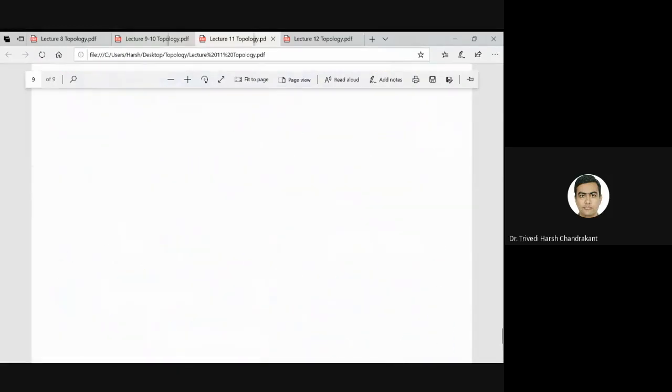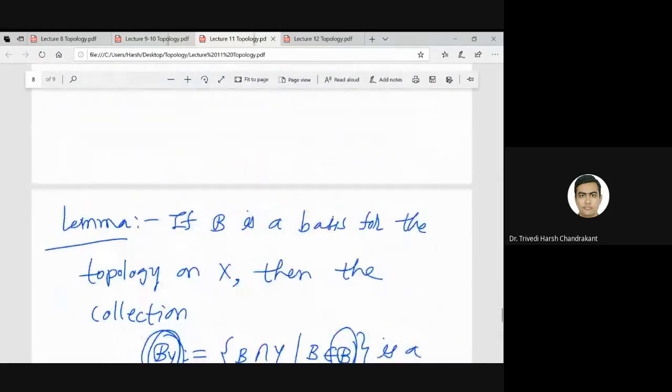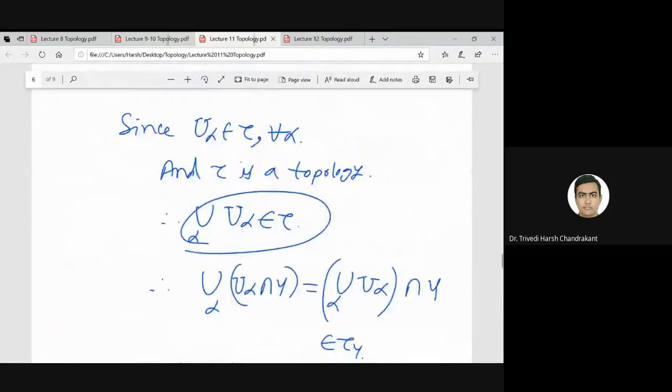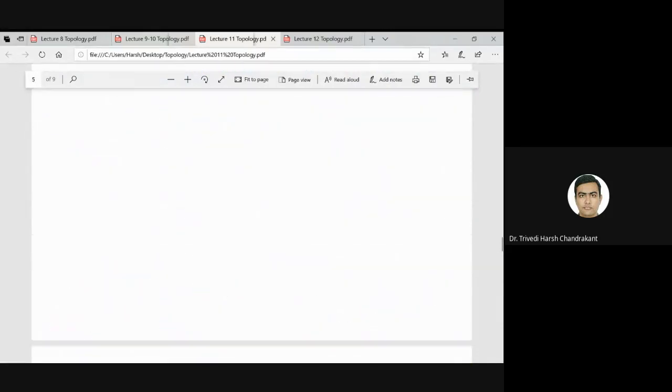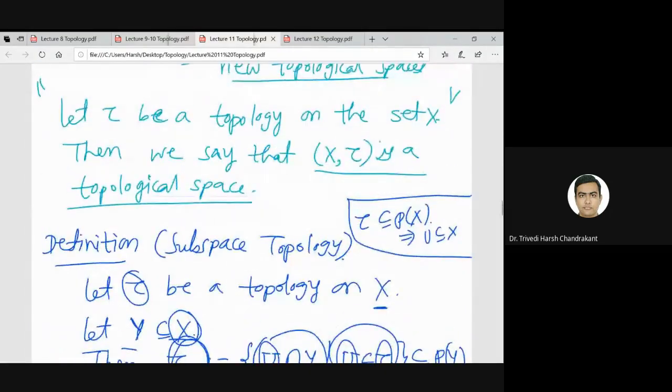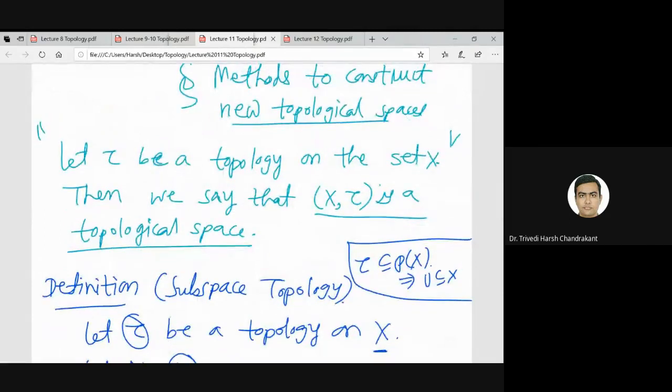Now, what we discussed in the last lecture, let me revise once and then we shall go further. Last lecture we discussed subspace topology. Like every vector space, we can find some examples of a subspace. Like R2 has a subspace which is the x-axis.